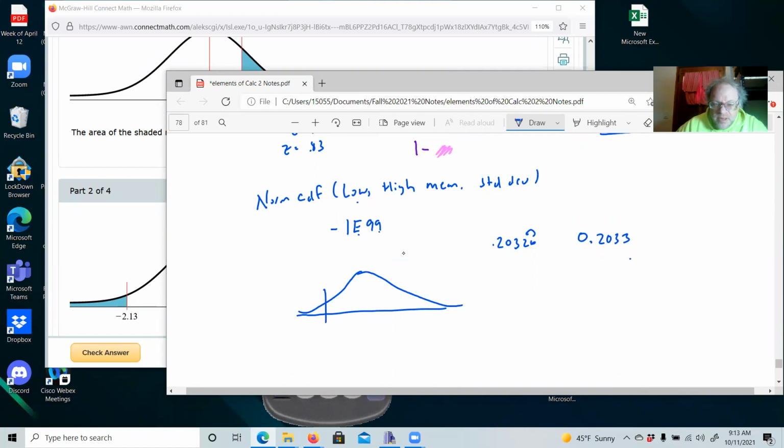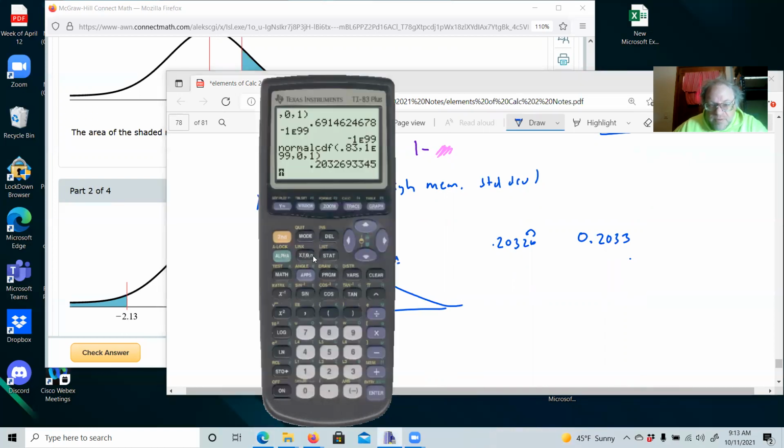Okay. So this one was negative 2.13. So I want this area down here. And again, here's our average. Average is 0. Standard deviation is 1. So we're going to go to normal distribution here. Second function, there's normal CDF.